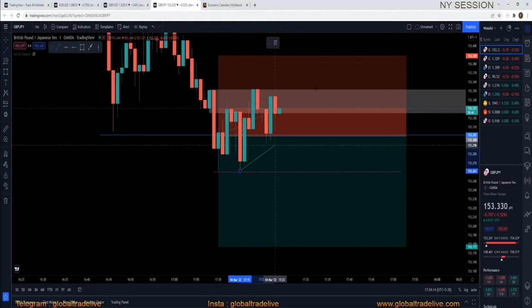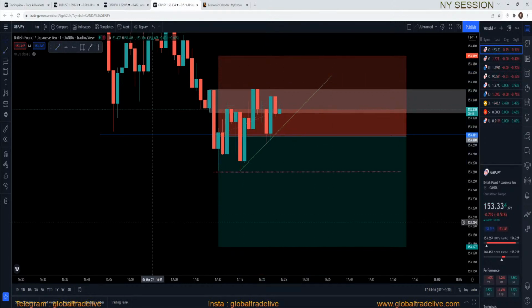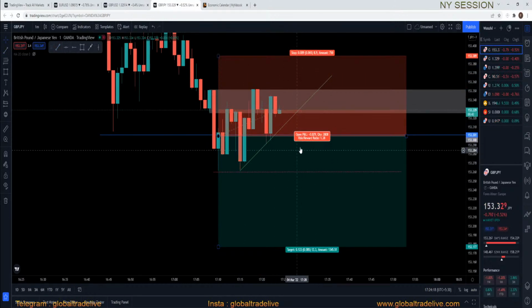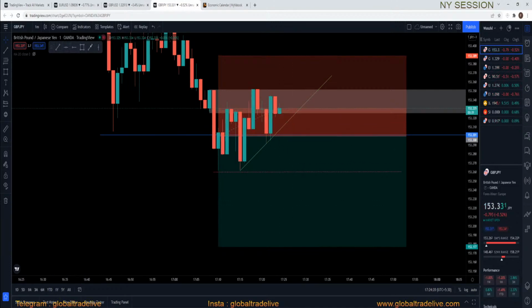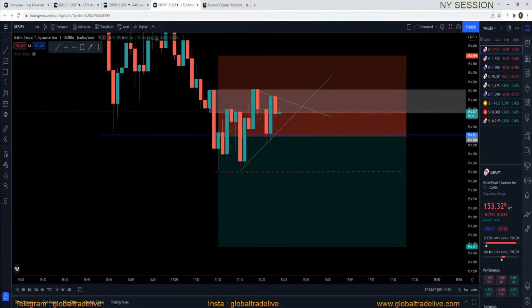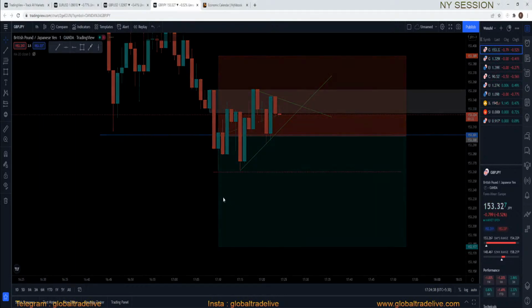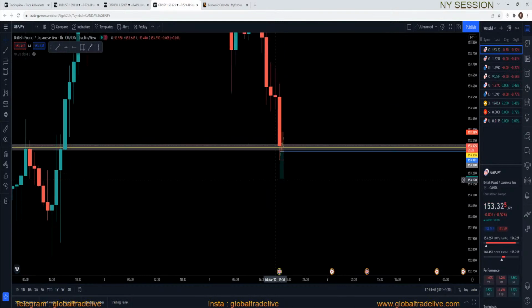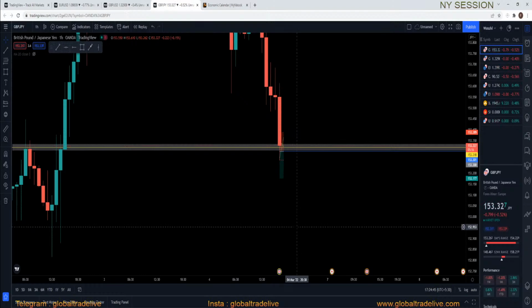Now we have some pattern going on in Euro USD. So to go down, it has to break and close below this area. And 1 hour is about to close. So if this 1 hour candle closes below this area, then the next candle can go all the way down.